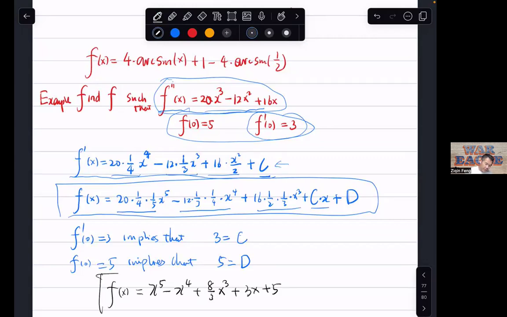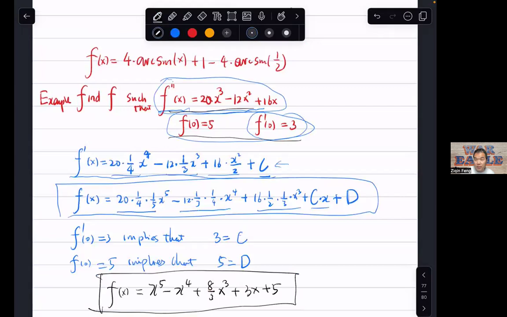So the most general antiderivative is not unique, but with initial conditions, the antiderivative is unique. We have only one function satisfying these three conditions. But we should know that if you just look at the antiderivative, it is not unique. In fact, there are infinitely many such functions, but with the actual conditions, we have only one choice.